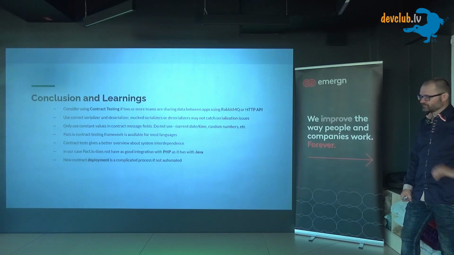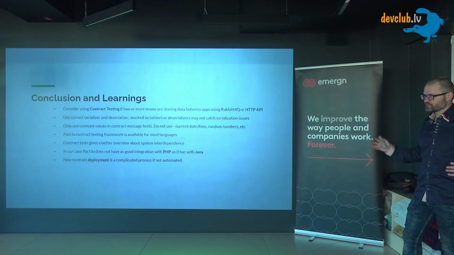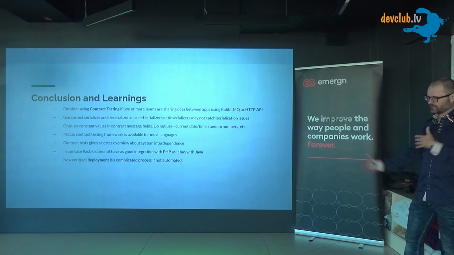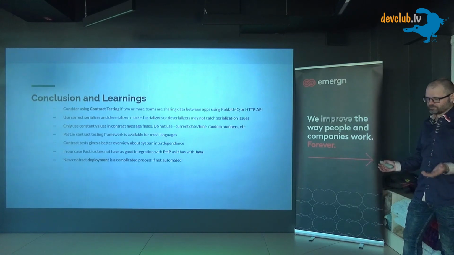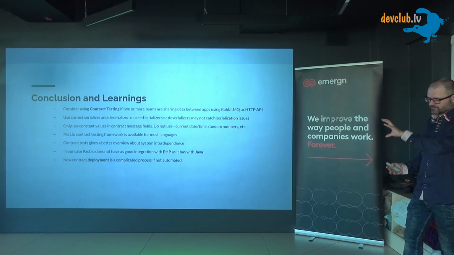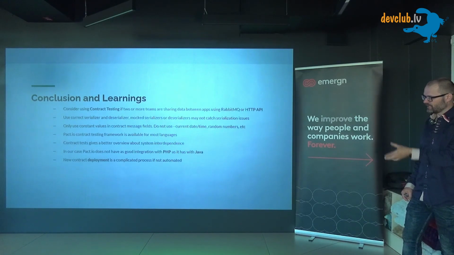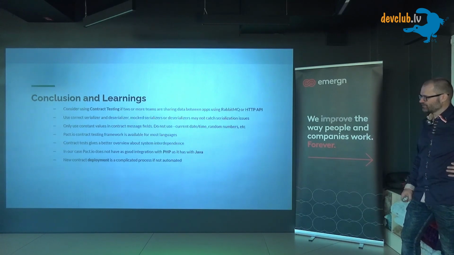Another issue we found was that deploying a new version of the contract is a complicated process. There are multiple parts involved. You have to have the current contract. It has to be verified. Then you have to make the new contract, but you must make sure that it's not being tested against the production version of your application.